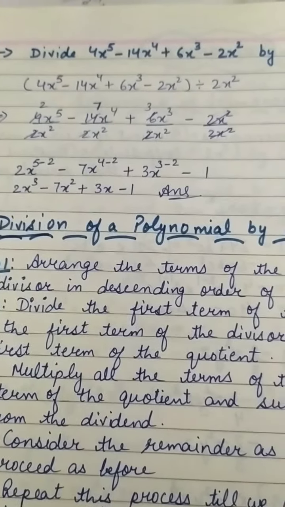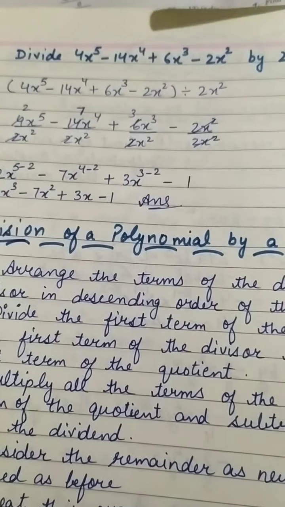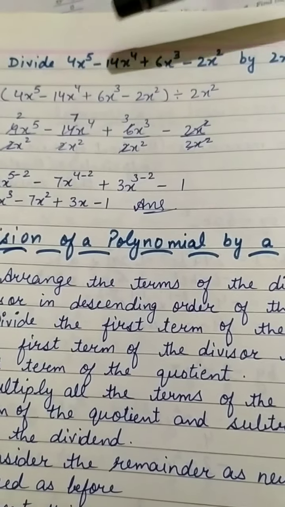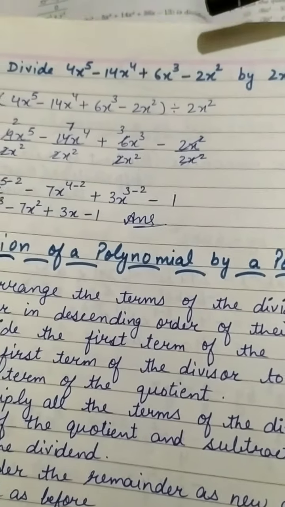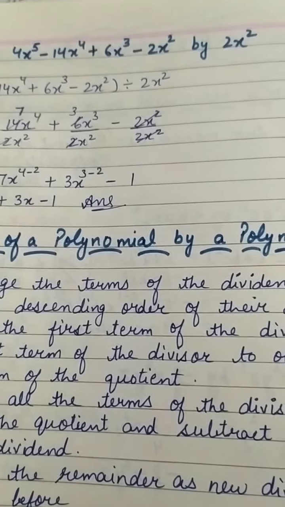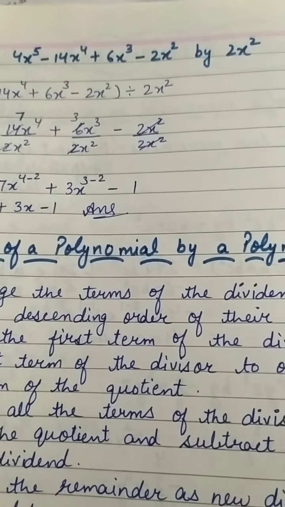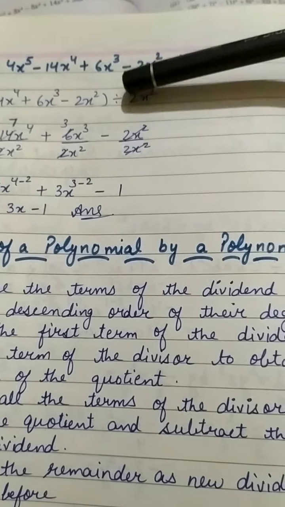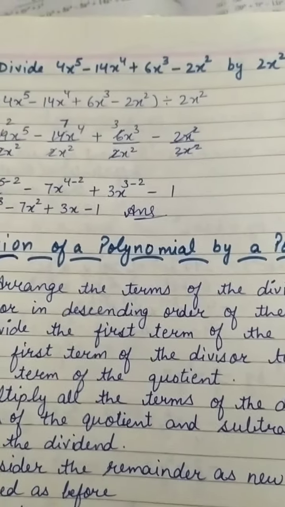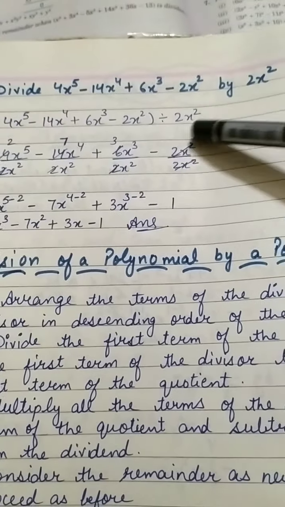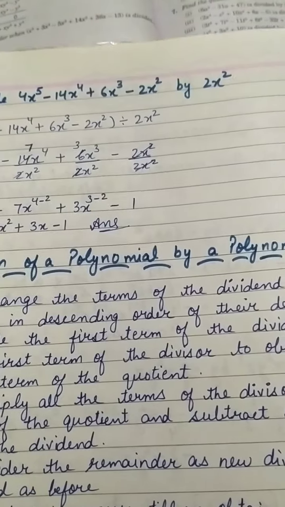Let us take an example. Divide 4x raised to the power 5 minus 14x raised to the power 4 plus 6x raised to the power 3 minus 2x square by 2x square. So we have to divide this whole expression by 2x square.